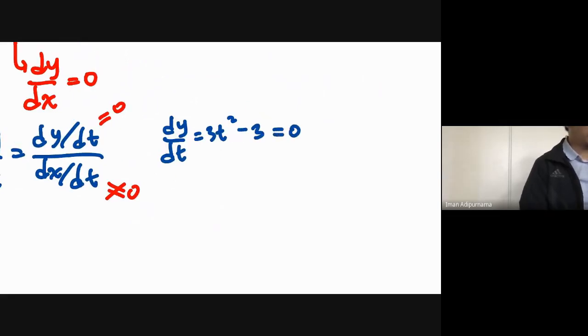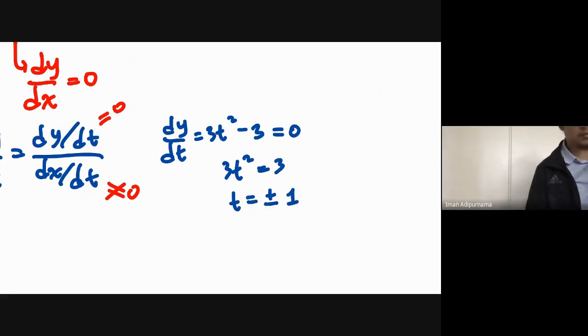It should be equal to 0 because of our definition of horizontal tangent in parametric. Okay. If it's 0 over 0, then it's an indeterminate form, right? So we need to go for 0 for the dy over dt. And we can solve this, or we can directly just say that t is plus or minus 1.